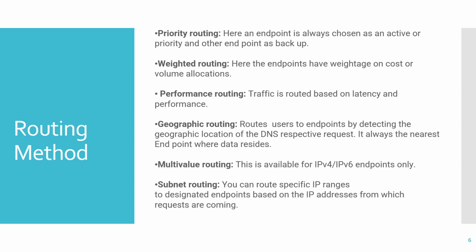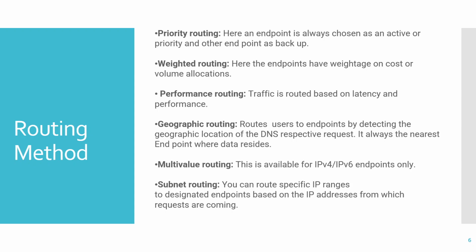What is weighted routing? Weighted routing means the endpoints have weightage based on cost or volume allocations. For example, let's say you have two service endpoints sitting in different areas, and you want one service endpoint to serve 80% of the traffic, and the remaining 20% to go to the other endpoint. That is how you can create an 80-20 weighted routing technique, based on your requirement.